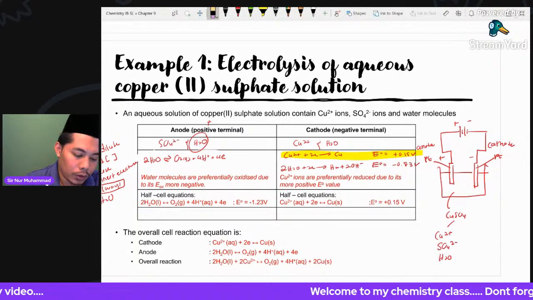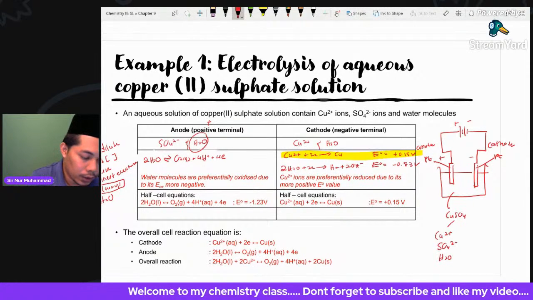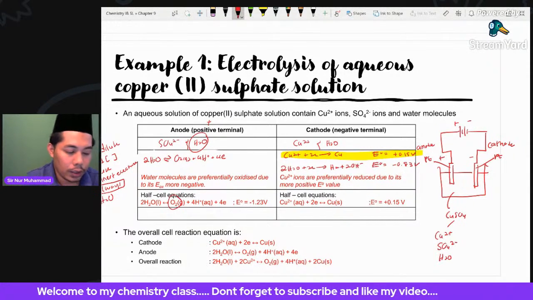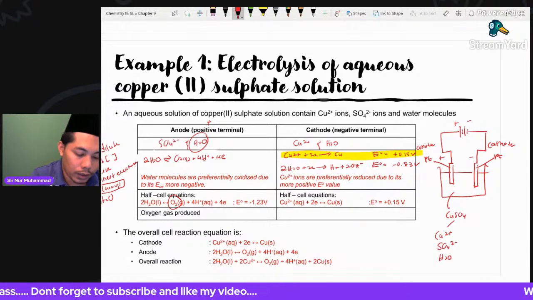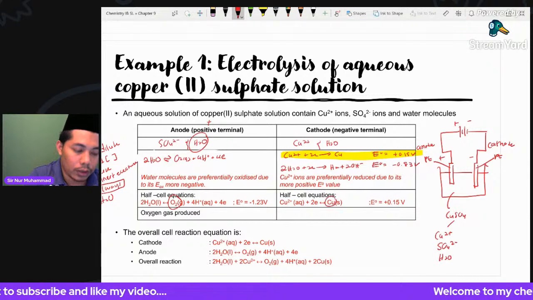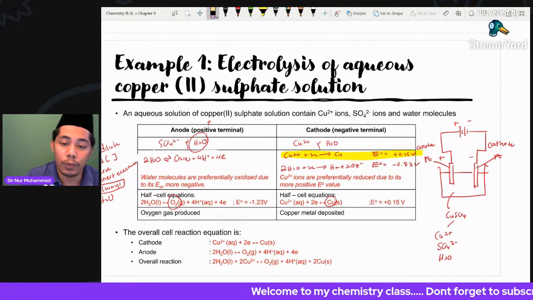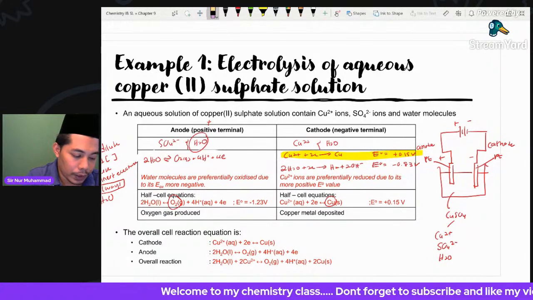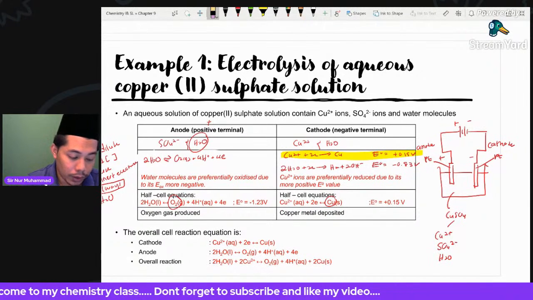So next, what is the product? The product you can refer to from your half equation. At the anode is oxygen gas and at the cathode is copper metal. So copper metal will be deposited. Then you can write the overall equation if needed or required.